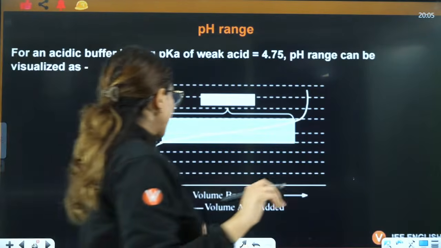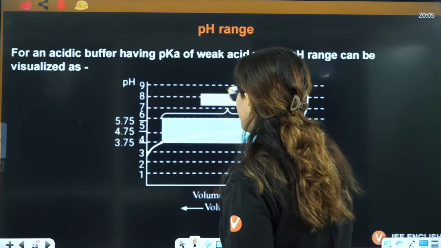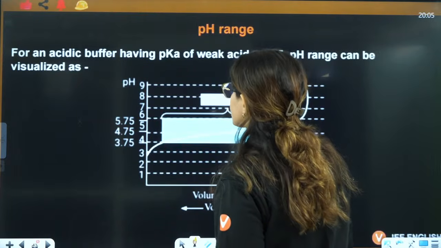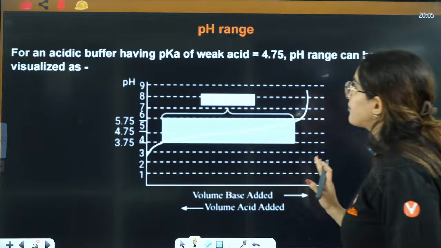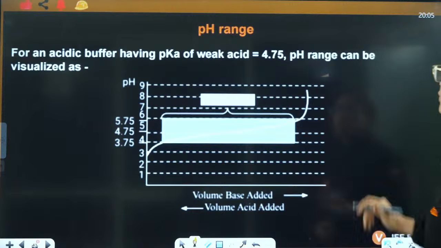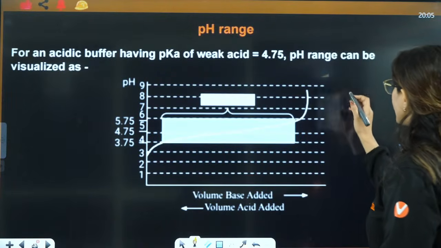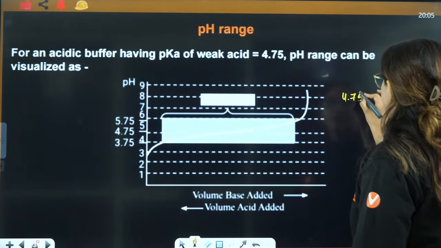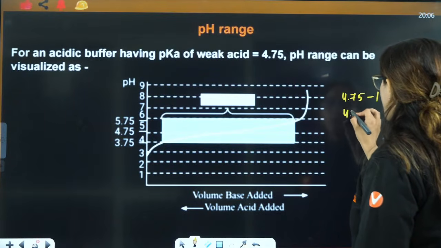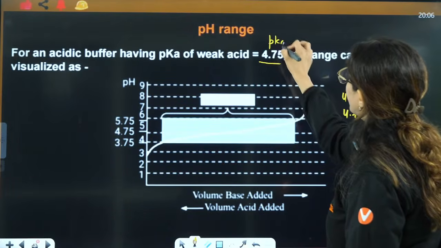If you see this over here, the minimum value is nothing. This is the pH range. So I'll just tell you, for an acid buffer having pKa of a weak acid that is 4.75, the pH range can be visualized as 4.75 minus 1, 4.75 plus 1, because this is the value of pKa.